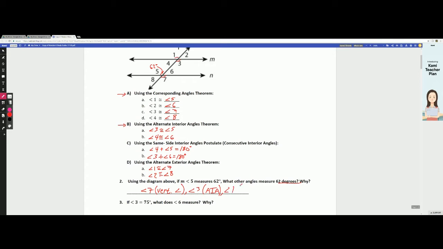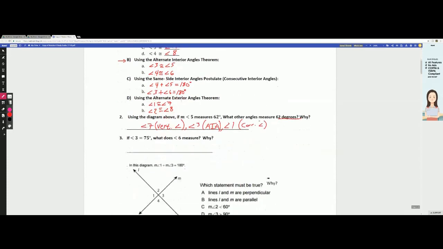Angle 1, and again that's because of the corresponding angle theorem. Any others? If you see any, let me know. But I think for the most part, I knocked it out of the park.